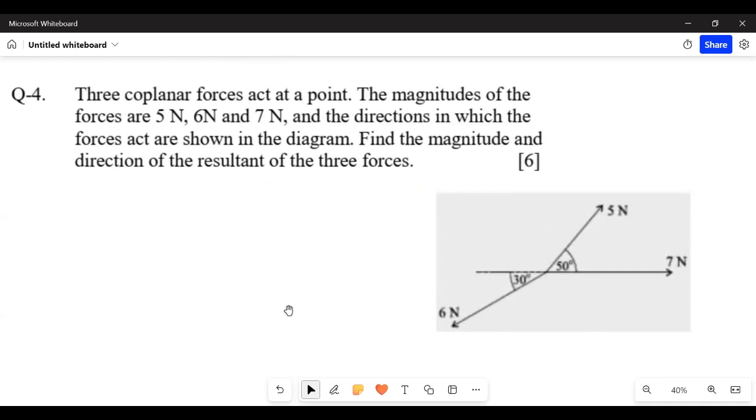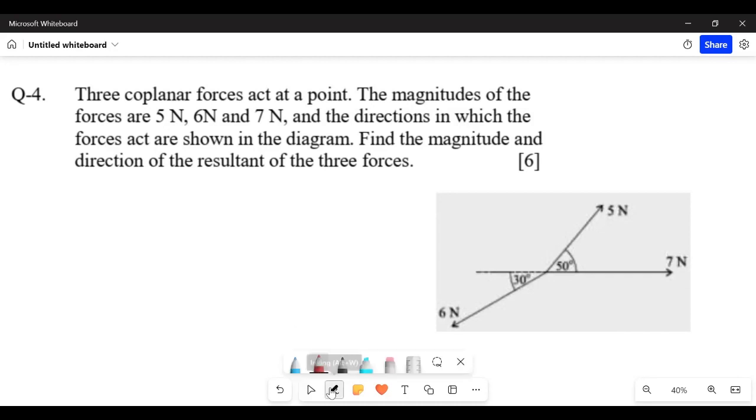The magnitudes of the forces are 5.7, 6, and 7 newtons, and the directions in which the forces act are shown in the diagram. Find the magnitude and the direction of the resultant of the three forces. Okay. So because of the three forces, there's going to be one resultant force.